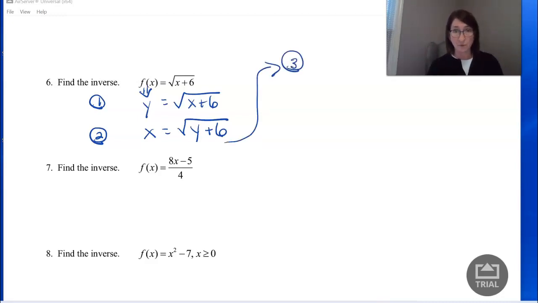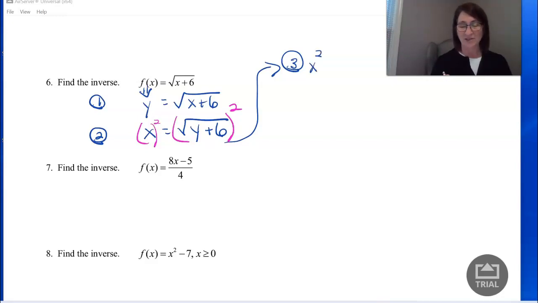I want to solve for y. Well, what I'm going to need to do is, like I would solve any radical, raise both sides of my equation to a power equal to the index. And so when I do that, I'm left with x squared equals y plus 6.